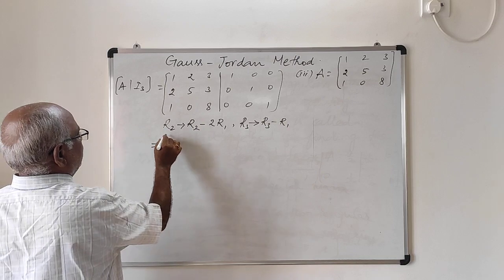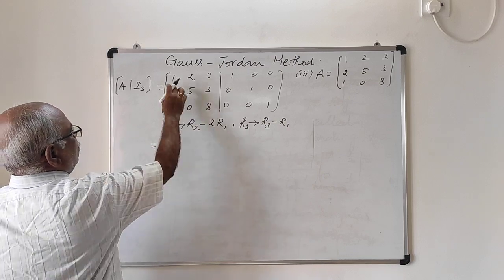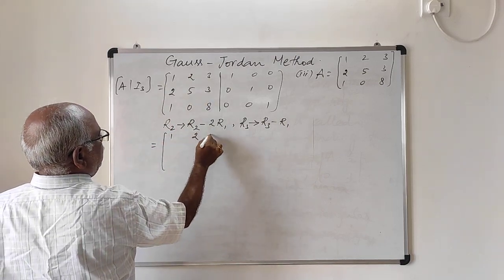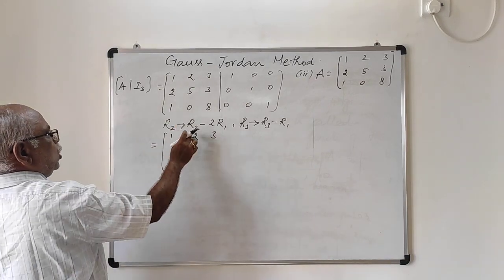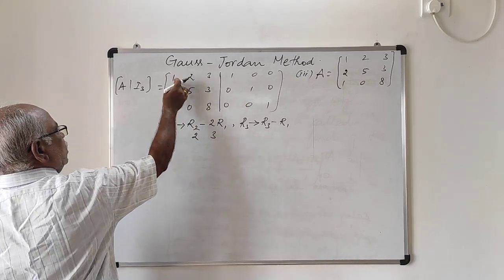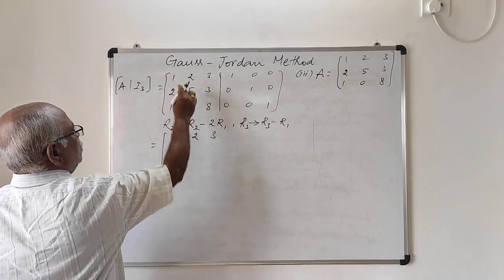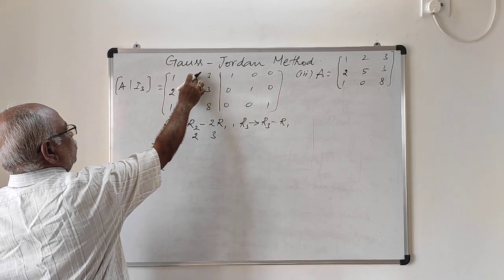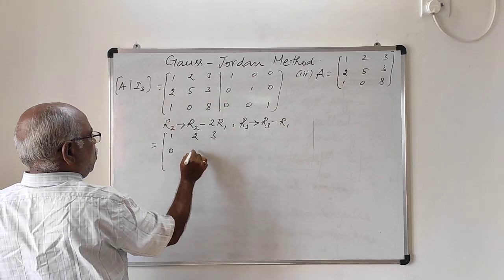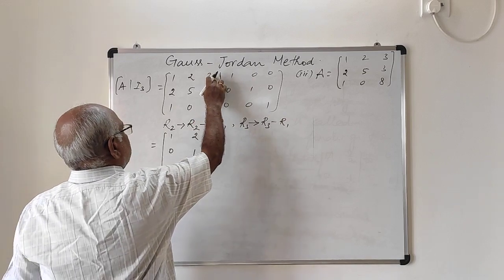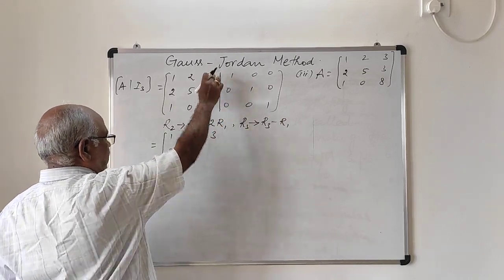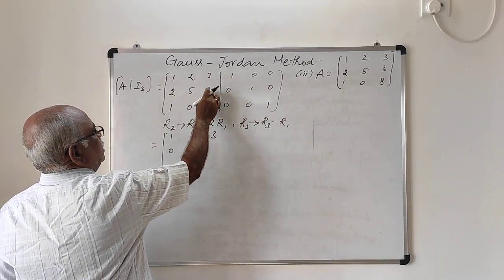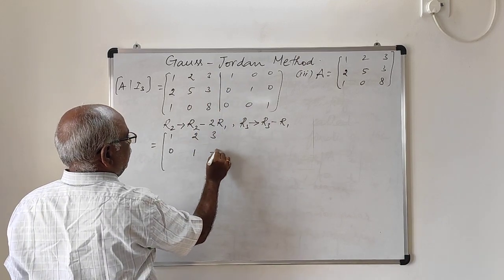First, R1 as it is, you write 1, 2, 3. R1 is not altered. R2 is R2 minus 2 times R1. 2 minus 2, 0. 5 minus 4, 1. 2 times 3 is 6, 3 minus 6, minus 3.